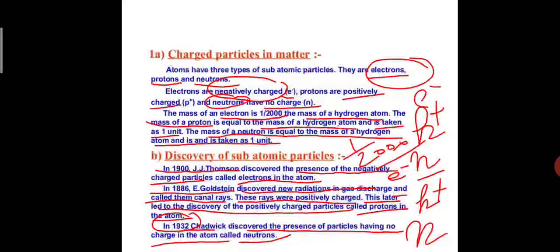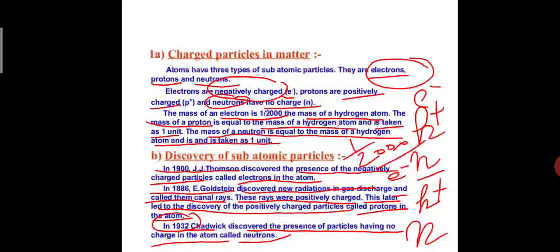Okay, listen carefully. The electron is represented by e minus, and is negatively charged, protons are positively charged, and the neutron is neutral.